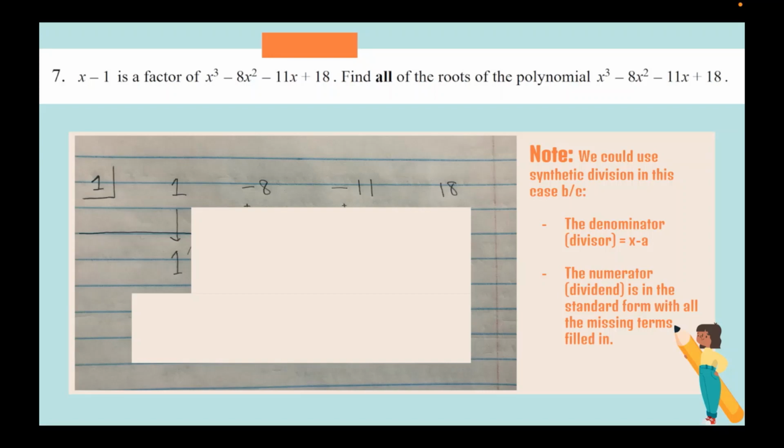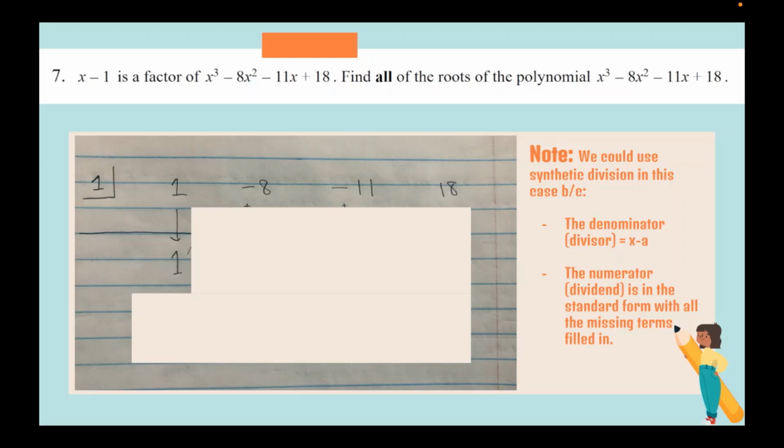With that in mind, we can find the other factors of this polynomial by dividing x cubed minus 8x squared minus 11x plus 18 by the factor that they had already given us, which is x minus 1. So since we know how to begin, let's start. We can use either synthetic division or long division to divide, but using synthetic division whenever we can would be a simpler method because it's just less time consuming.